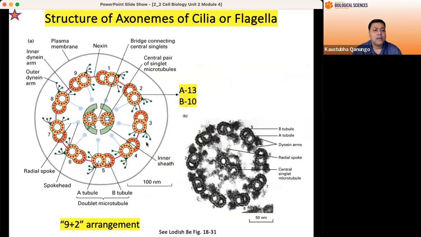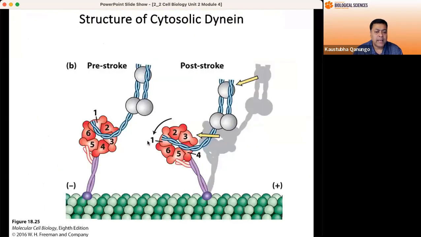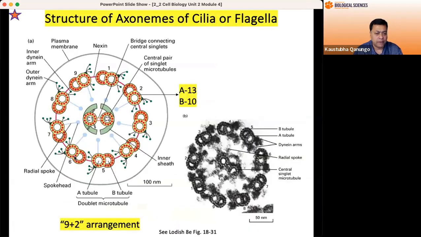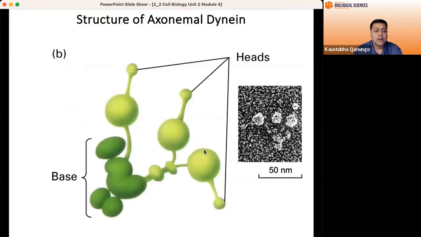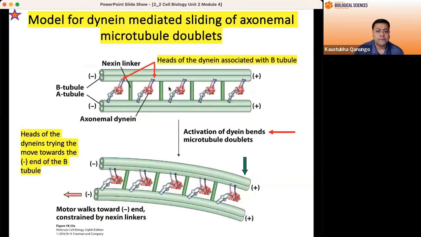Now, the structure is very different from the dyneins which move cargo. So they are structurally different, but they are the same kind of protein. This gives you an idea. If you think about this A and B tubule, this tiny drawing is actually wrong.